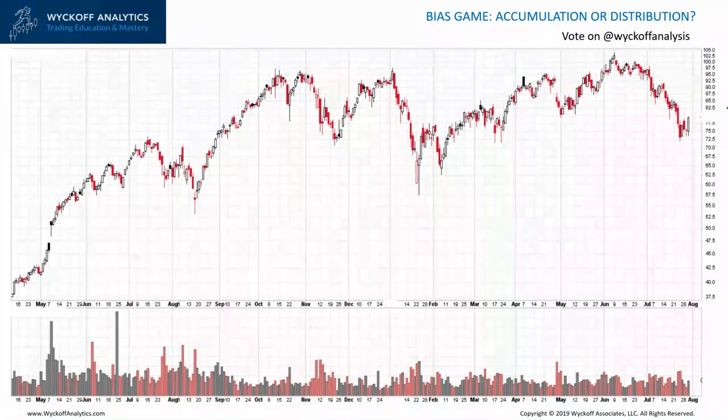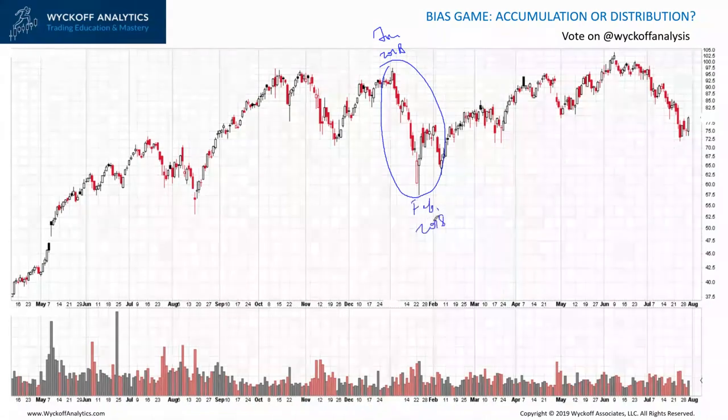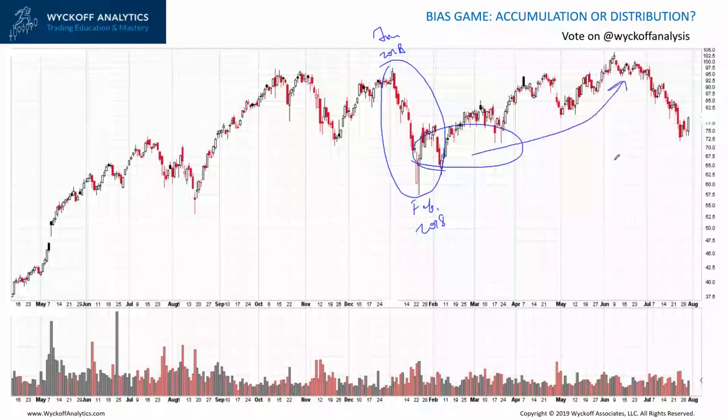When you look at the analogs with the markets, this change of behavior has happened at the top of the January 2018 rally, the conclusion, and then the February 2018 low. Then we had reaccumulation here, absorption, and then there was a very weak rally into the upthrust situation. So this is a really good observation, yes.